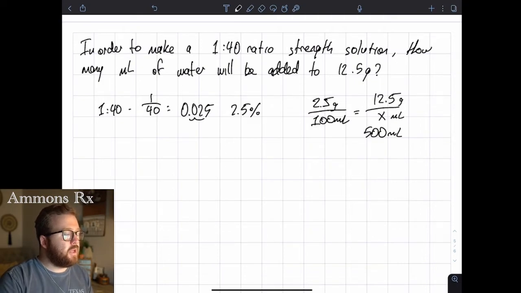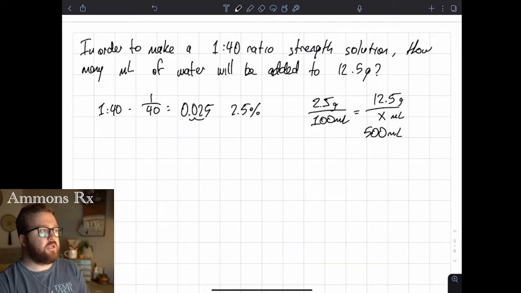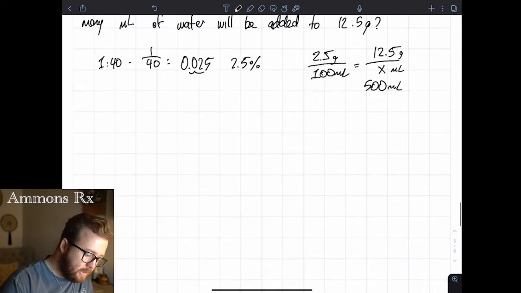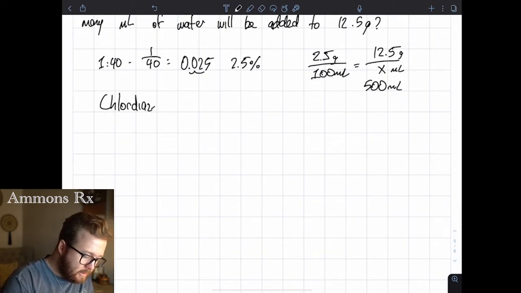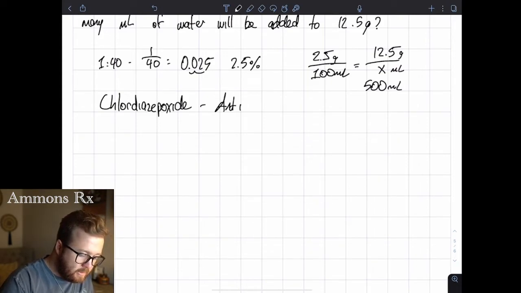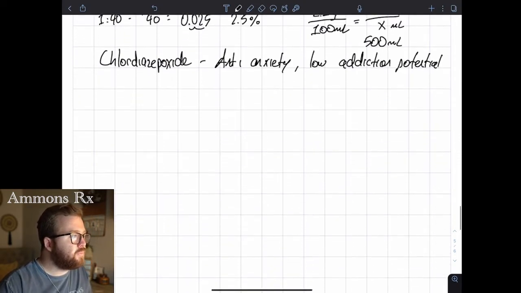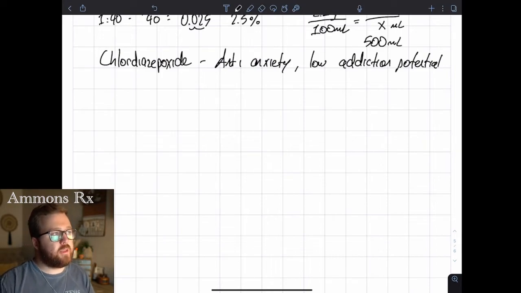Okay. So this one relies on understanding which drugs for anxiety are the least addictive. And when you see chlordiazepoxide, that is an anti-anxiety, low addiction potential. Okay, osteoporosis paired with calcium.